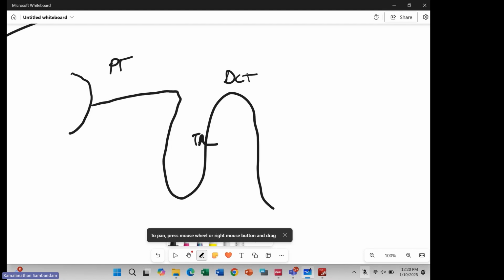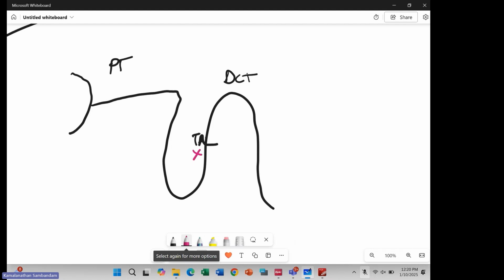Why is that? Well, it's not quite clear, but the simplistic understanding would be if I inhibit transport in the thick ascending limb, then I have a DCT which can upregulate magnesium transport in that scenario. So that's the intuitive explanation of why DCT transport defects are more consistently manifesting magnesium deficiency as opposed to thick ascending limb defects.